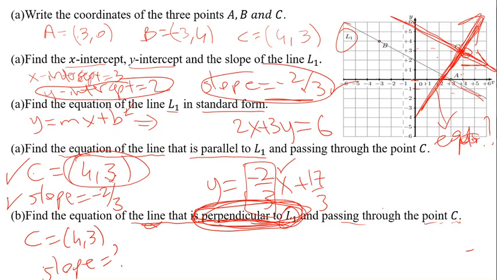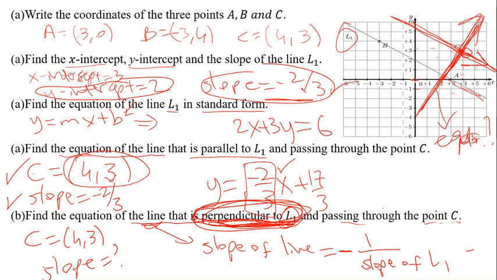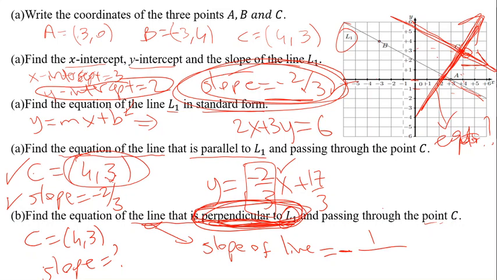This line is perpendicular to L1, means slope of this line is equal to minus 1 over slope of L1. So slope of L1 is here, minus 2 over 3. And now you can say it's minus 1 over minus 2 over 3. Then this makes plus plus, so it will be 3 over 2. So the slope will be 3 over 2.